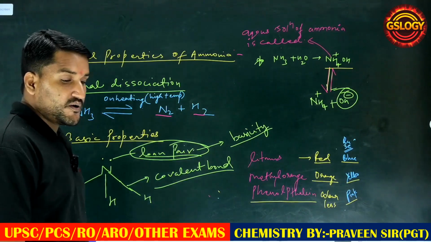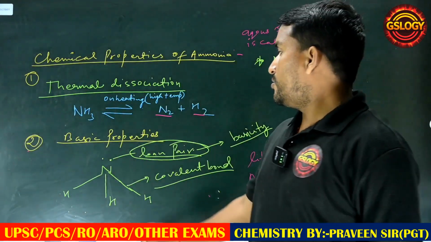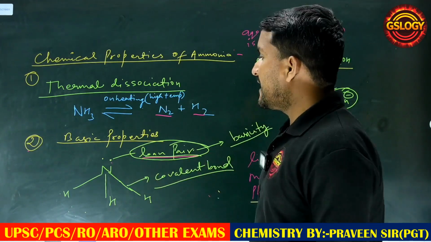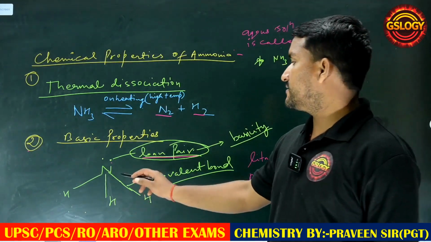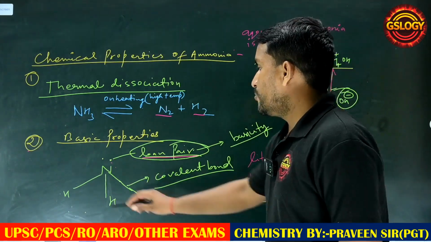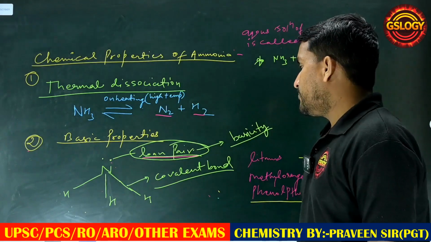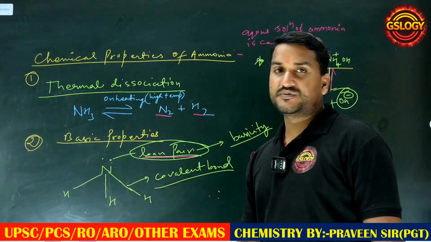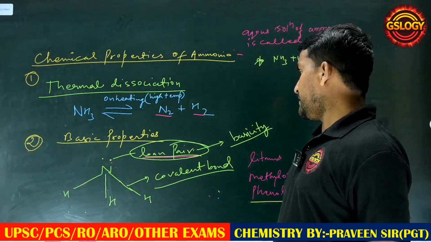The basic property of ammonia is due to the presence of a lone pair on the nitrogen. You know very well there is one lone pair on the nitrogen atom, and three single covalent bonds.